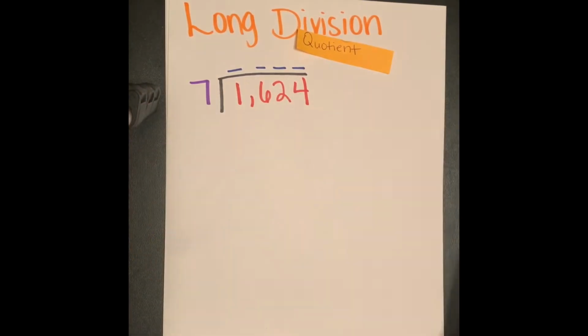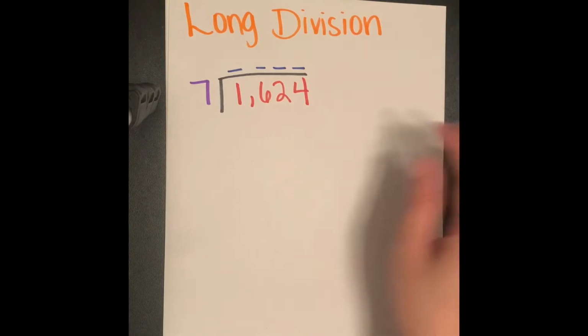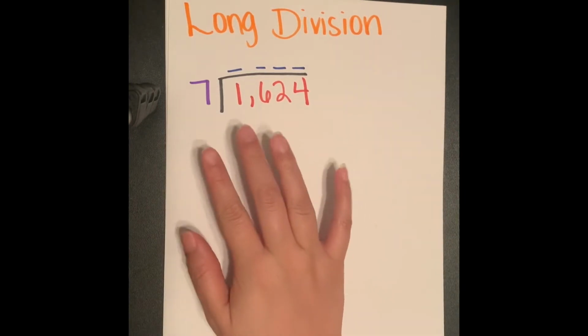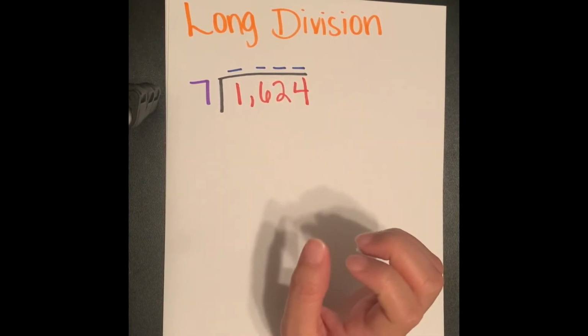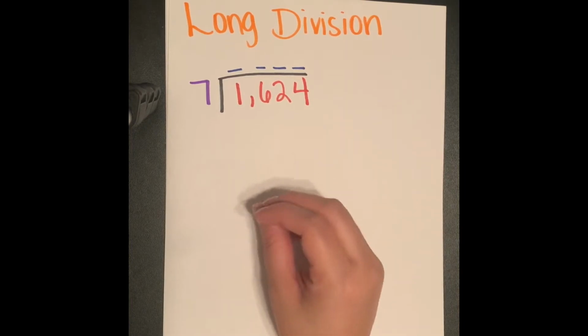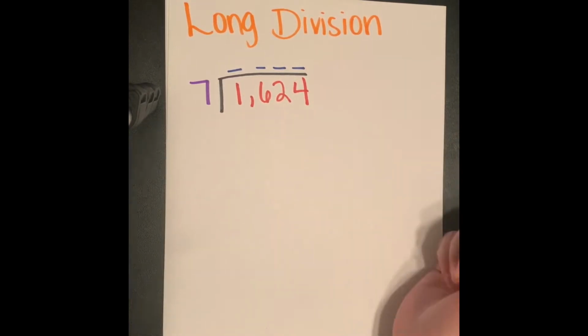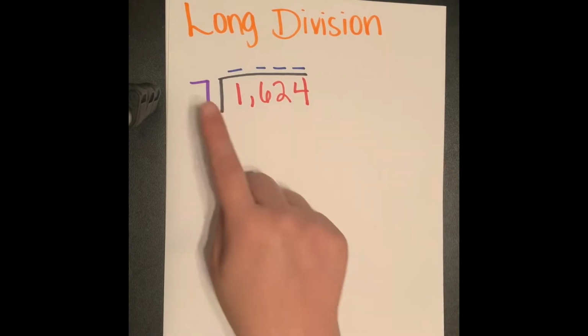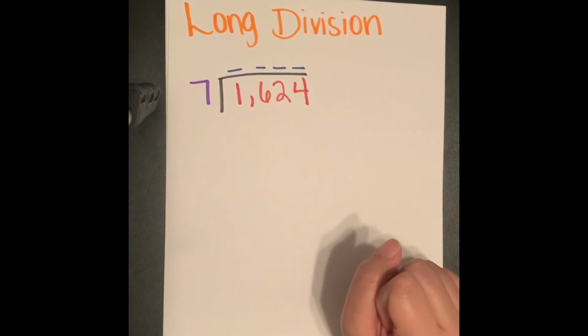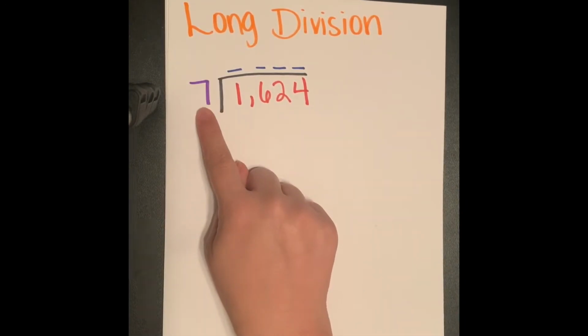Then what I like to tell my students is that the easiest way to think about division is to think about the dollar store. Everything at the dollar store costs $1. So this is my favorite store called the $7 store, where everything costs $7.